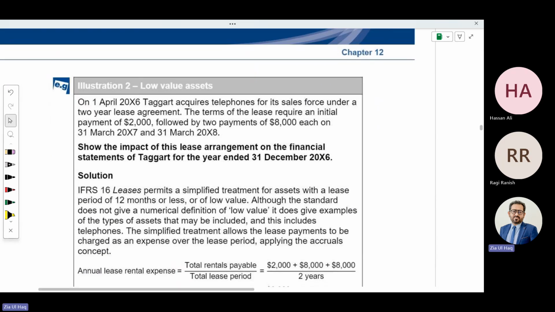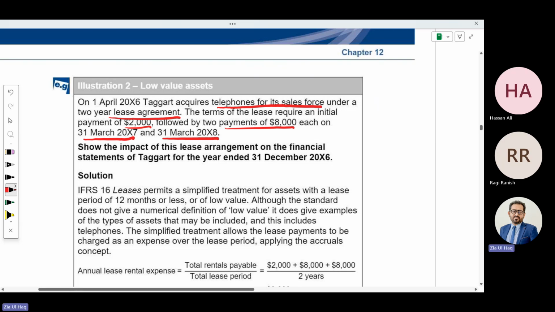On 1st April 20x6, Taggart acquired a telephone for its sales force under a 2-year lease agreement. What is the asset? Telephone. Low value. The terms of the lease require an initial payment of 2,000, followed by two payments of 8,000 each on 31st March 20x7 and 31st March 20x8.